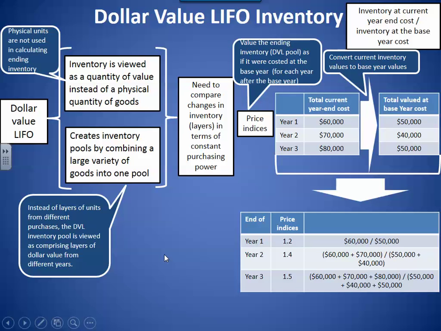So you ought to take note of this slide and memorize or understand the steps on how and why you create a price index. Now we're going to go with the next slide and look at how we apply price indices against our inventory values, and then eventually create a LIFO inventory valuation.